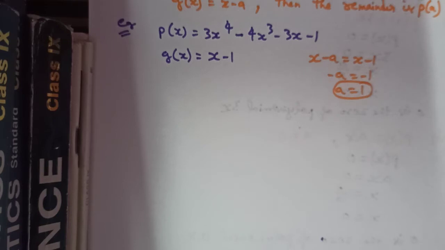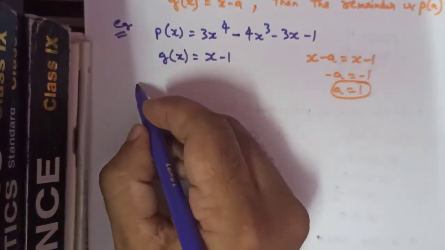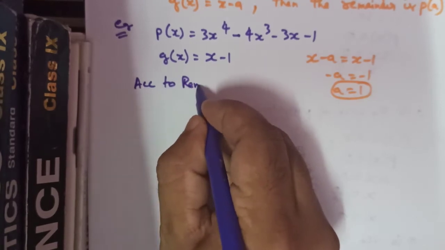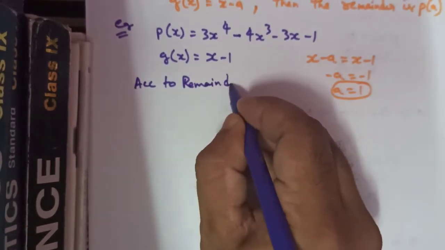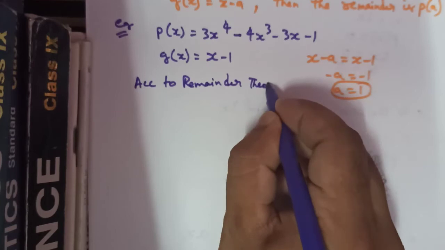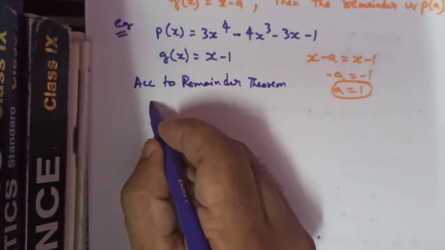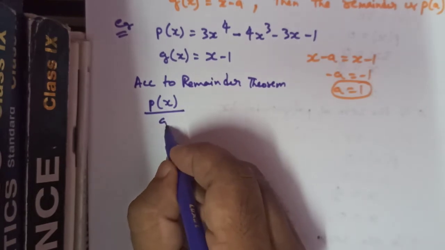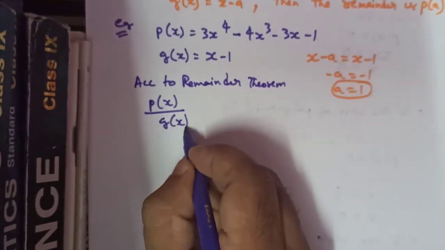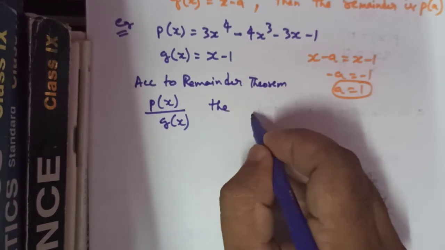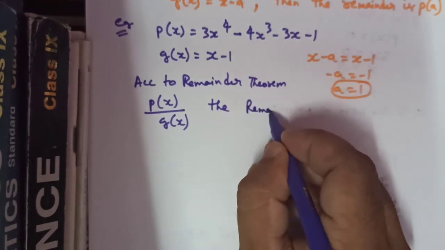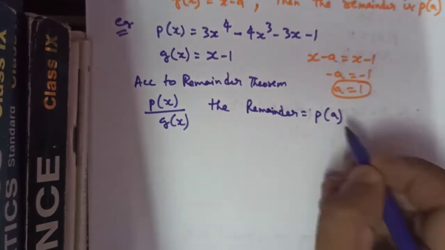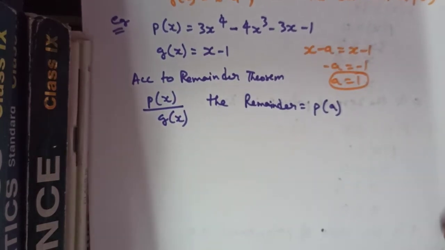By remainder theorem we know that according to the remainder theorem we say that if the given polynomial p(x) is divided by this polynomial, that is g(x), then the remainder will be equal to p(a), that is polynomial p(x) at x equals a.